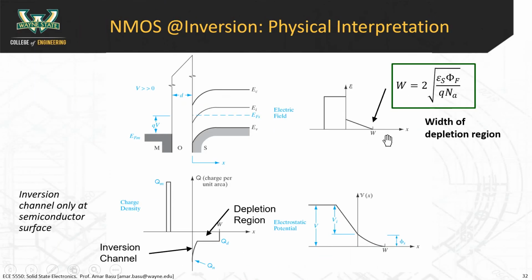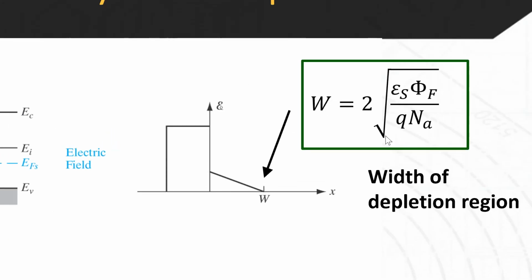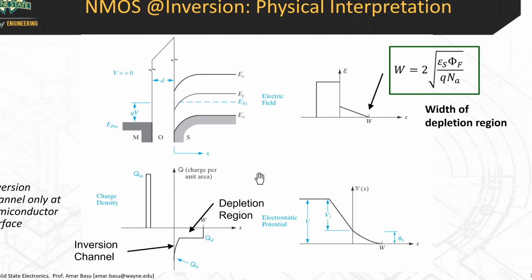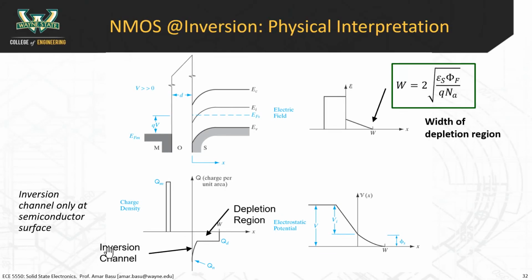Some details here. This is the width of the depletion region. So from the charge density, we can figure out what the electric fields are. I'm only going to go over it qualitatively, but I think it's important that you understand it. In order for us to go from charge density to electric field, we said that the electric field is equal to the integral of the charge density.